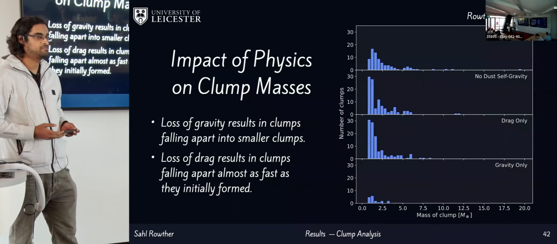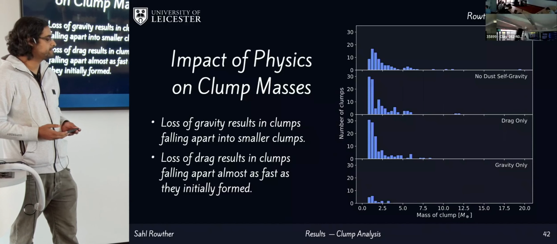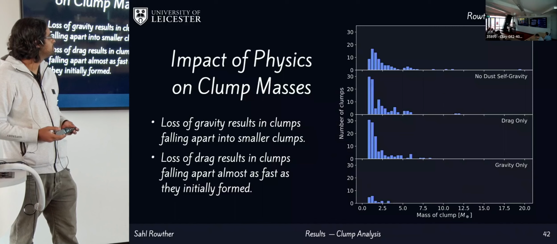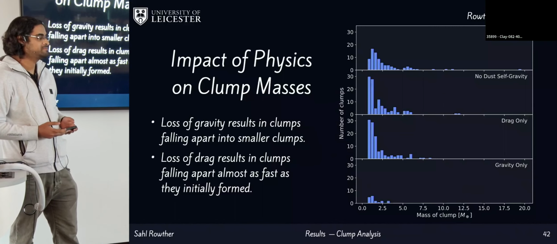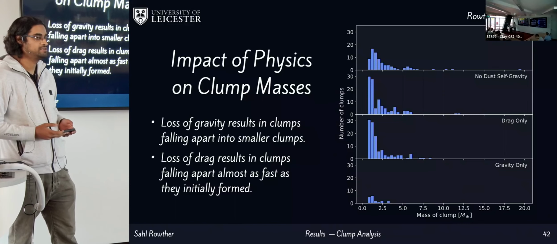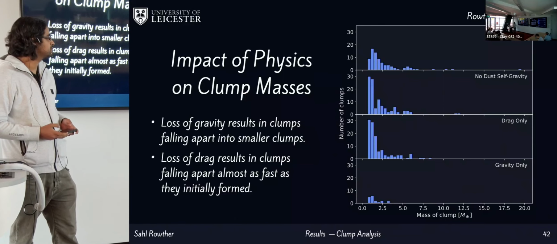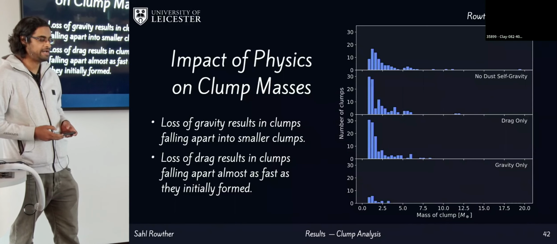And when the dust can't feel gravity anymore, a lot of the higher mass clumps break apart into smaller clumps. As you can see, it now peaks at the smallest bin size, and for masses below that, we can't resolve the clumps anymore. And when dust can't feel any drag, almost all the clumps have broken apart.